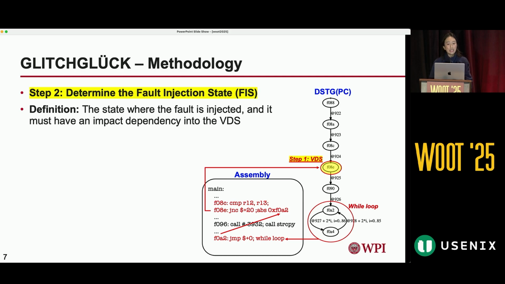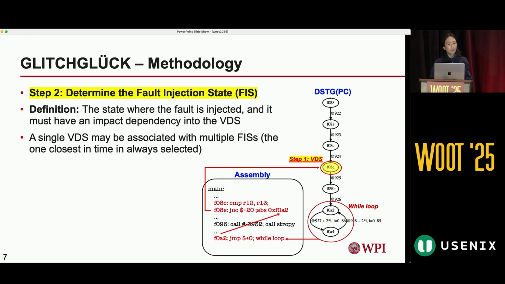This is the state where the fault is being injected, and it must have an immediate impact or dependency on the VDS. A single VDS may be associated with multiple FISs, but usually the one closer in time is selected. Looking at the assembly, what determines the jump instruction, the VDS, is the compare instruction right before it, which compares R12 and R13.